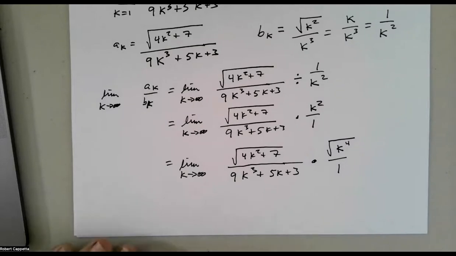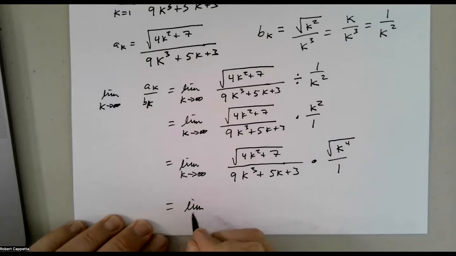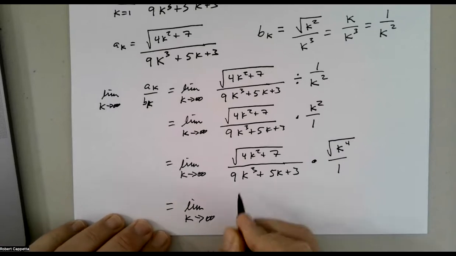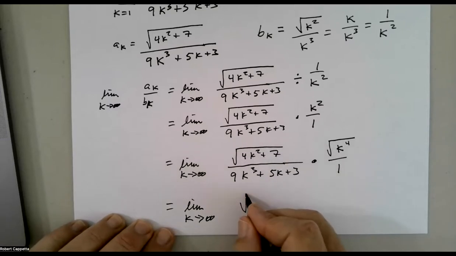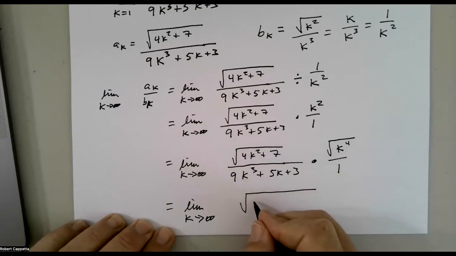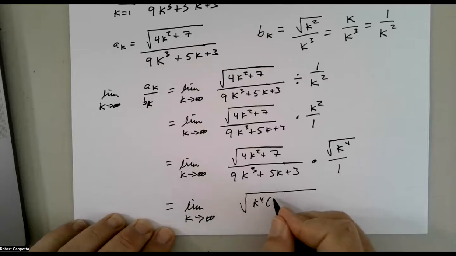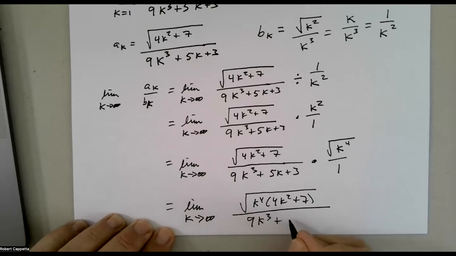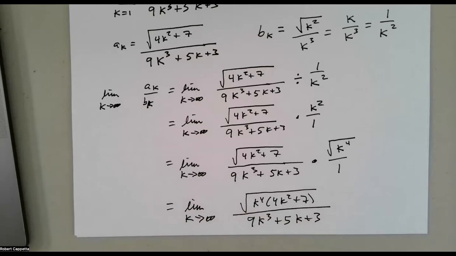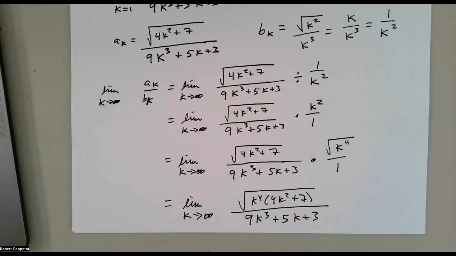And then what this is going to become is limit, square root of k to the 4th times 4k squared plus 7, all over 9k cubed plus 5k plus 3. So let me ask you to go ahead and see if you can determine what that limit will be.